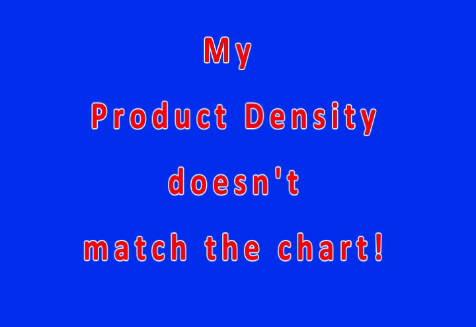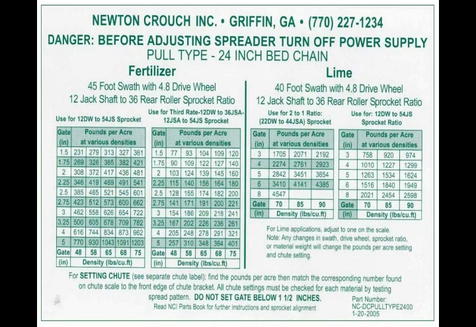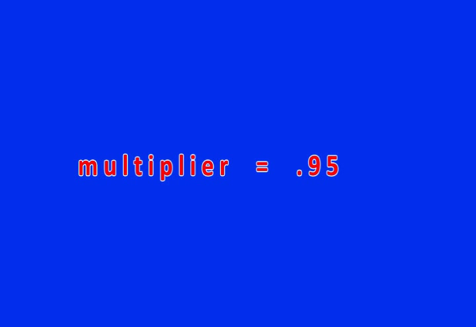Another issue you may have when using the chart is that your material density does not match the weights shown on the chart. Go to the chart and find the number that is closest to your actual product density. In this case, 65. Divide 62 by 65 and you get 0.95. 0.95 is your new multiplier.